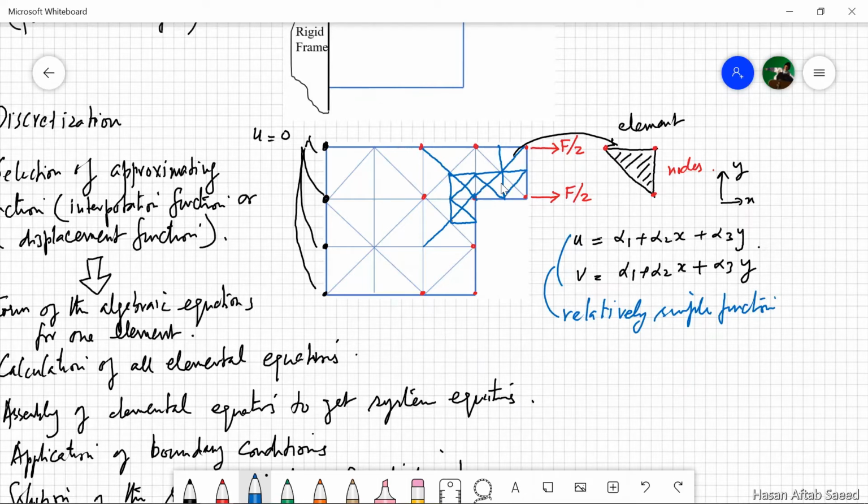So in this way, we are able to make the mesh finer where there are higher gradients and rougher where there is no such thing. So this is the flexibility of FEM.